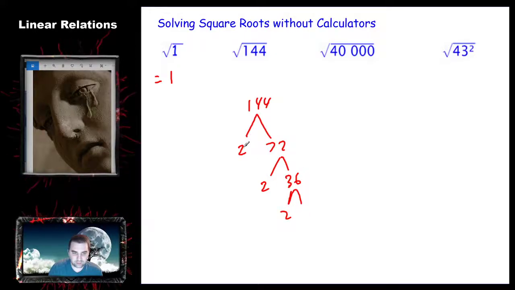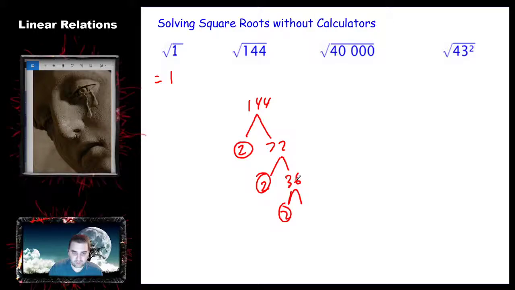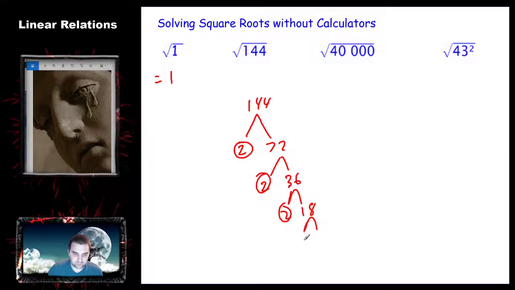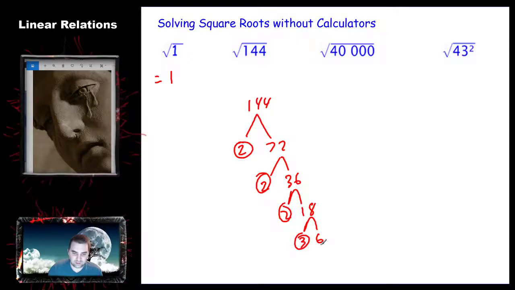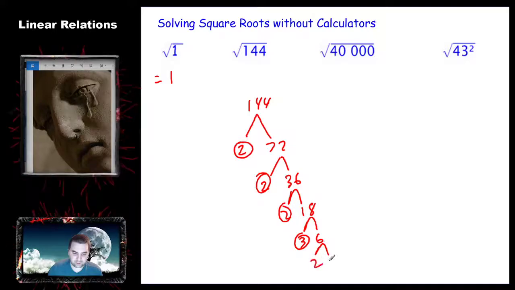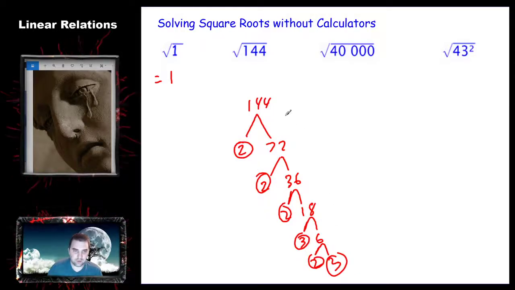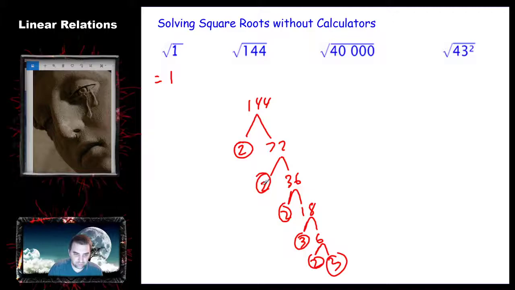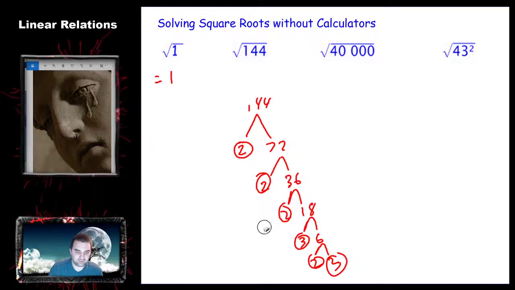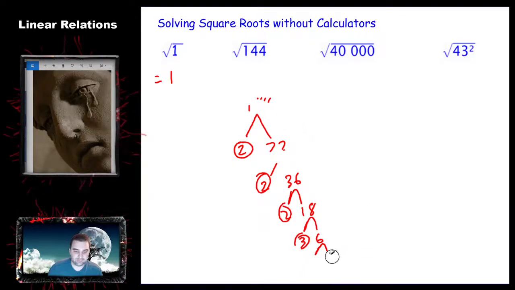Break it down again. 36 divided by 2 is 18. So now we have 3 and 6. Okay, and now we have 2 and 3. So we have 2, 2, 2, 2, 3, 3. So 2 times 2 is 4. 4 times 3 is 12. 2 times 2 times 3 is 12. So yes, it is 12.